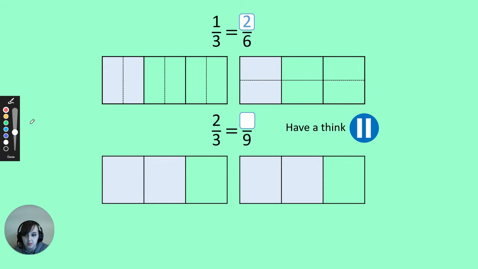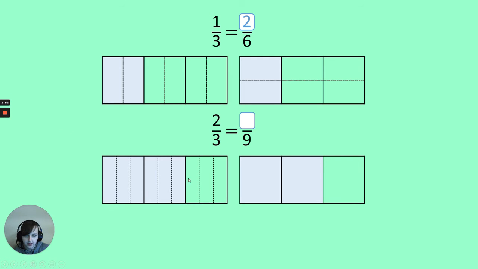They should be equal to be a fraction. Let's see. So this is much, much more even. So I've split each of those thirds into 3 more parts. And now I have ninths. 1, 2, 3, 4, 5, 6, 7, 8, 9. And it's really easy to see now that 2/3 is equivalent to 6 ninths.